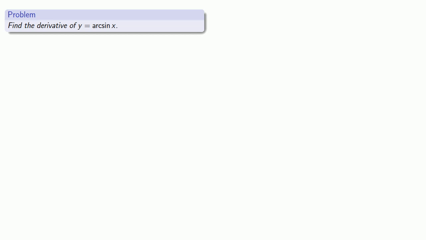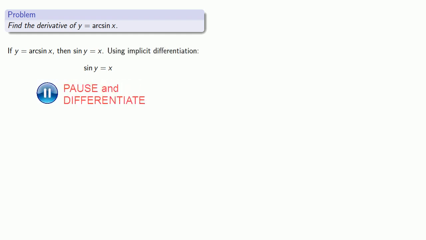So we're in calculus, and the first question that we always ask whenever we get presented with a shiny new function is, what's the derivative? So we might start with a definition. If y equals arcsine of x, then sine of y is equal to x. And so we can use implicit differentiation.